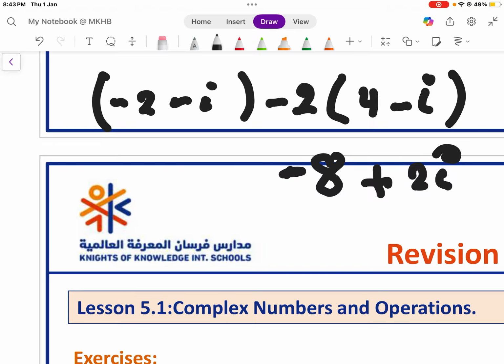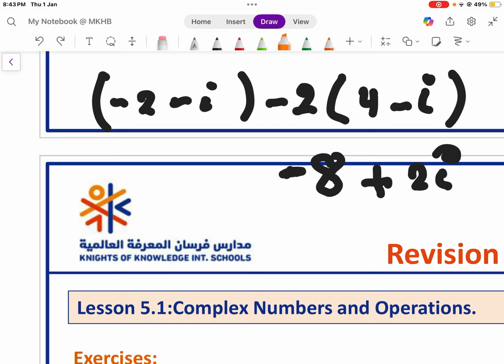A poor student forgets to multiply this by this. Okay, so don't forget, multiply this by this and this by this. And not only 2, negative 2, my dear student.